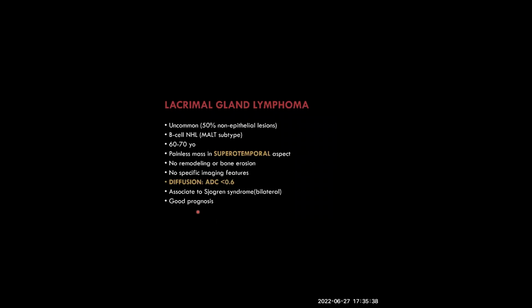Next case, lacrimal gland lymphoma. Lymphoma involves everywhere, but when it is confined to the lacrimal gland, search for Sjogren syndrome. Patient history of rheumatoid disease, cystic changes within the parotid and the other salivary glands, and in the lymphoma, as usual, the low ADC value.